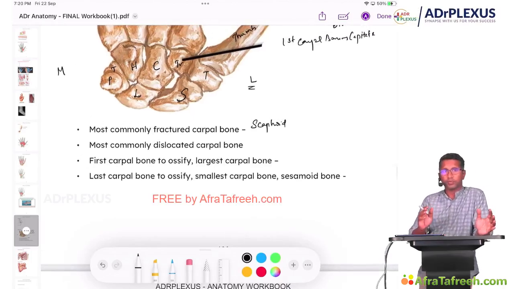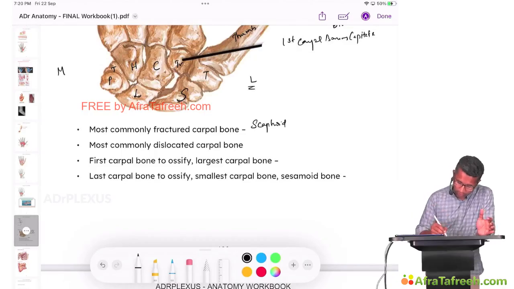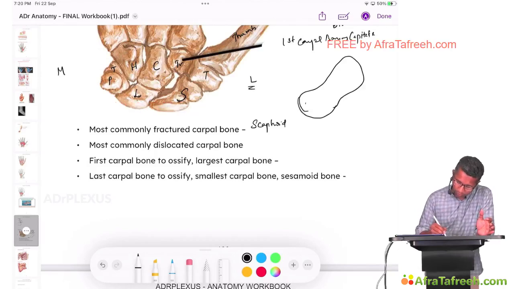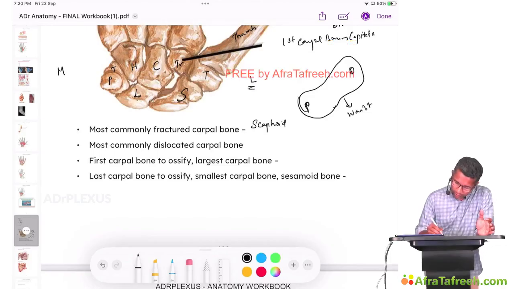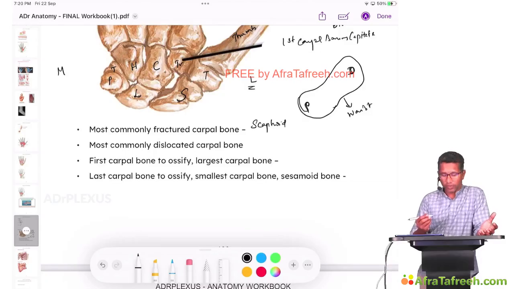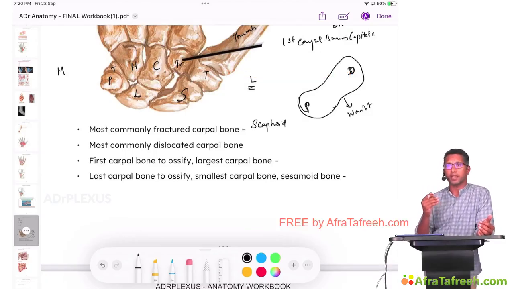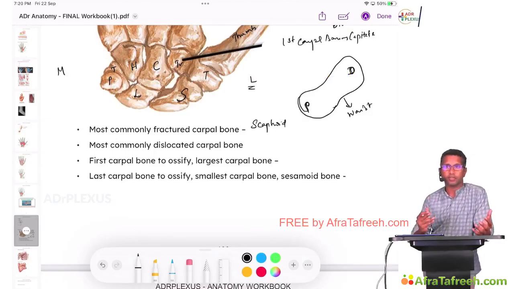When you see the scaphoid bone, I'm just drawing it here. It has a proximal pole, a distal pole, and a narrowed part called the waist of the scaphoid. The scaphoid gets fractured commonly at the waist region, guys.